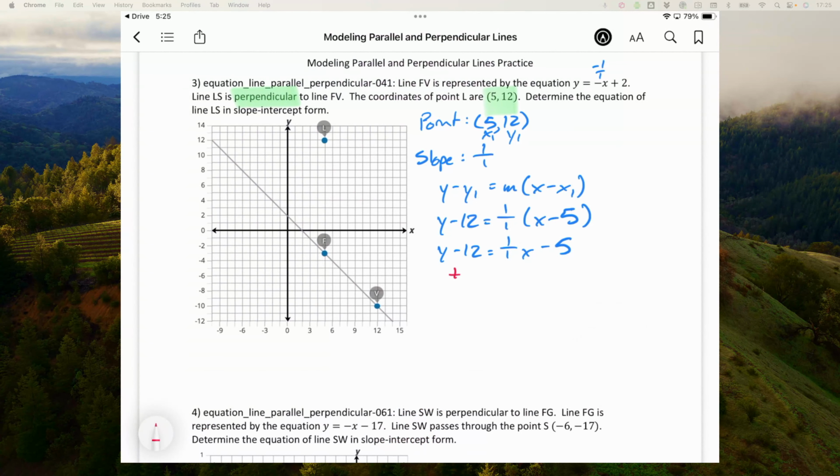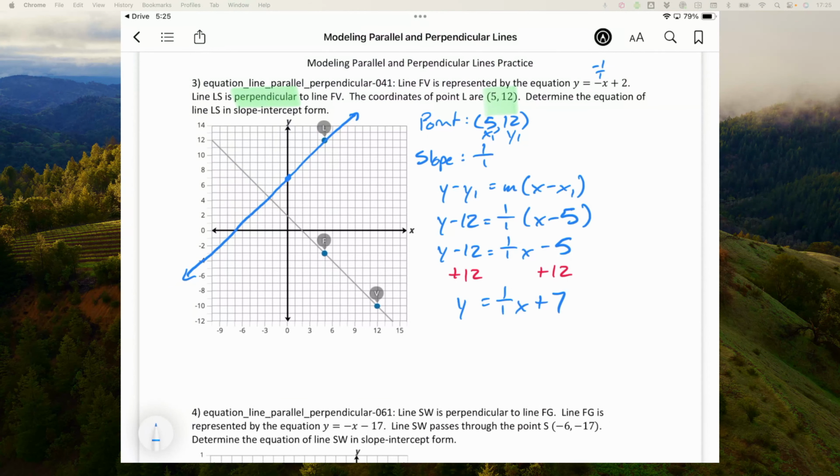We would add 12 to both sides. And we would get y is equal to 1 over 1x plus 7. So if we came up to 7 on the y-axis and we graphed 1 over 1, we can see we would run into point L. I'm just going to carefully continue down this way with my line.